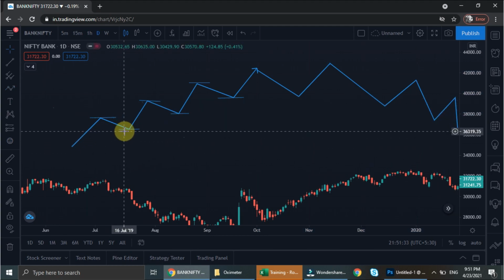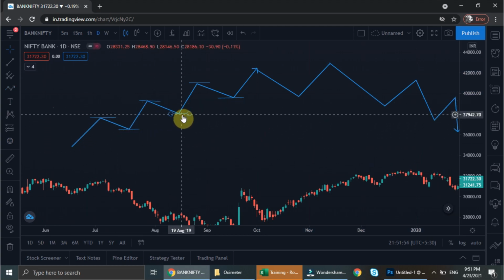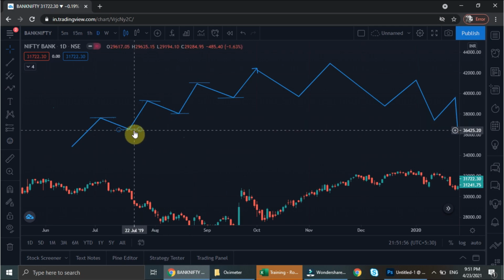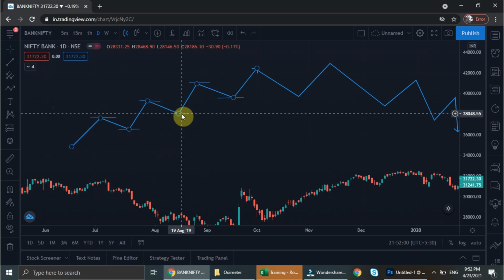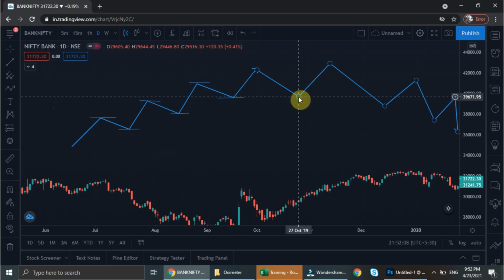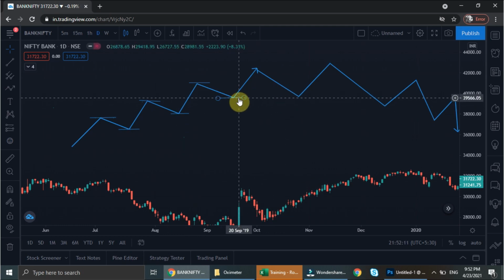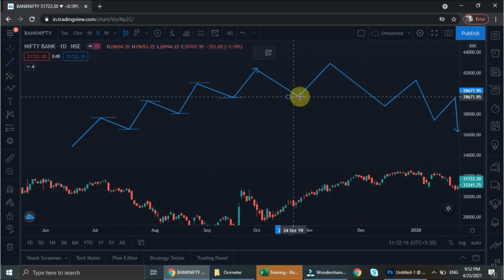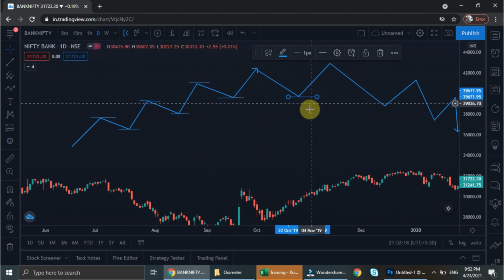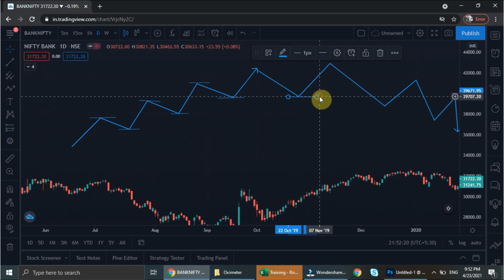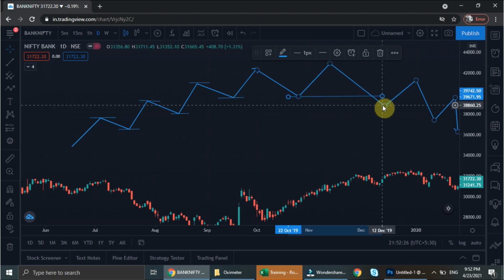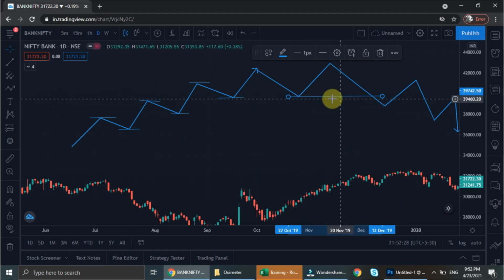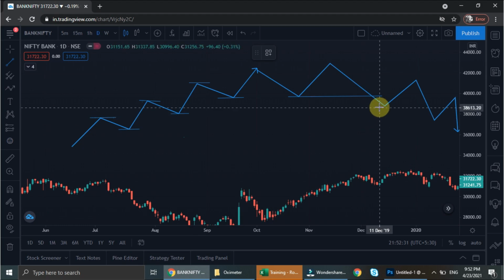While going in an uptrend, the present low is always higher than or equal to the previous low. Until this low breaks, there is no change in the direction. And here it broke this level and started making lower than the previous low. Then the direction has changed.